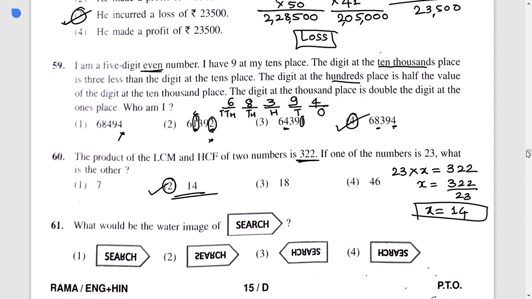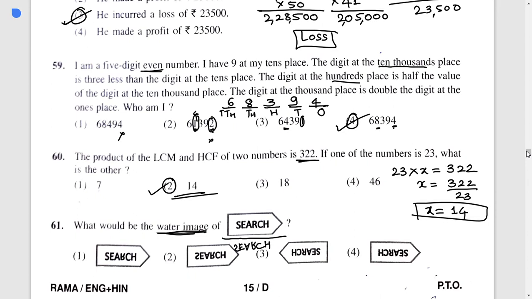Next question. What would be the water image of SEARCH? So they are asking not a mirror image. They are asking a water image. So water image will be like this. Wherever H is there, H is at the same place. C, C, R, A, E. Yes, like this it comes.